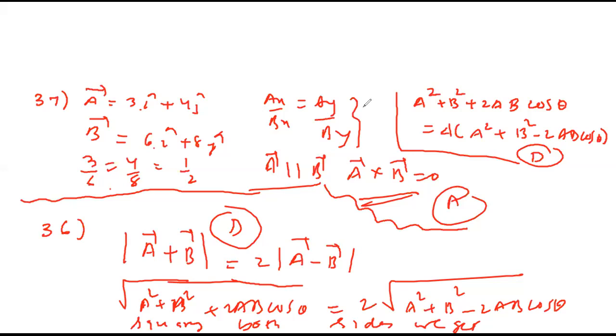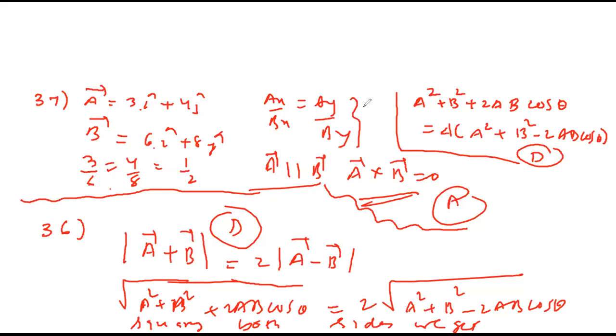So why can't the answer be B? Is it possible that the answer can be B? 3 square plus 4 square will be 5. 6 square plus 10.